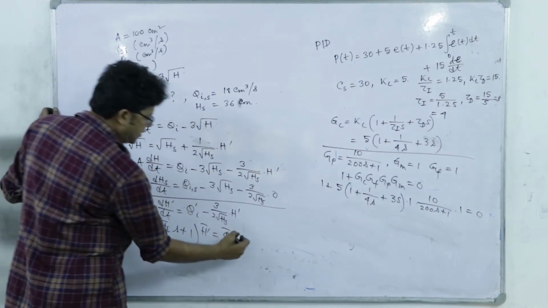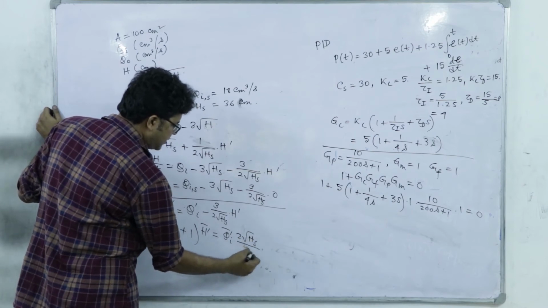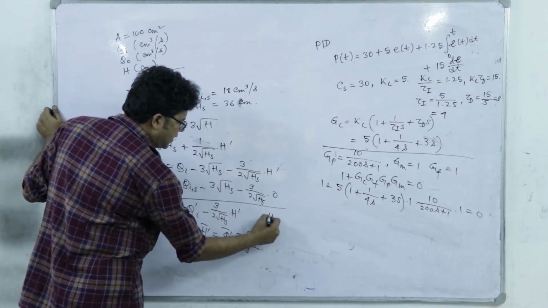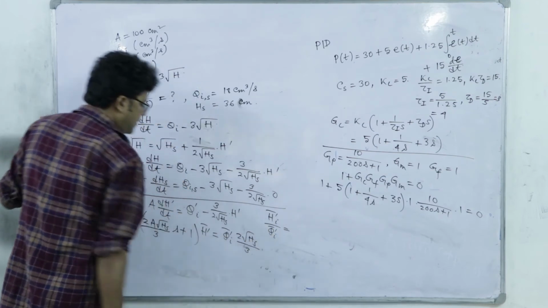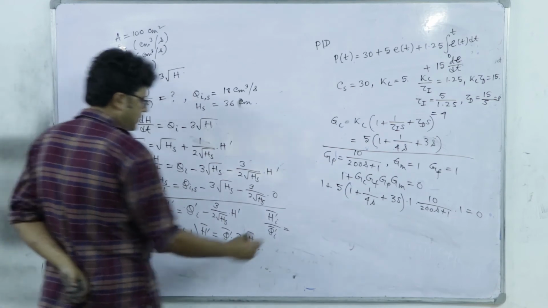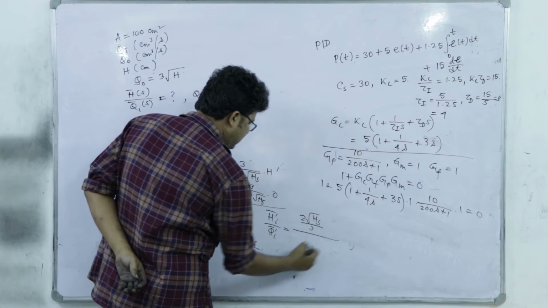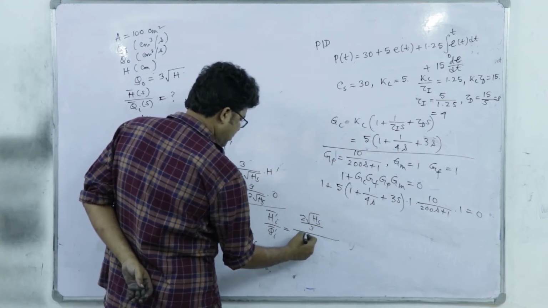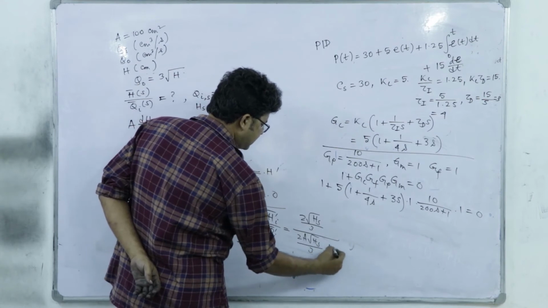It should also be multiplied by 2 root Hs divided by 3. So H prime bar divided by Qi prime bar is equal to 2 under root Hs by 3, divided by (2A under root of Hs divided by 3 s plus 1).